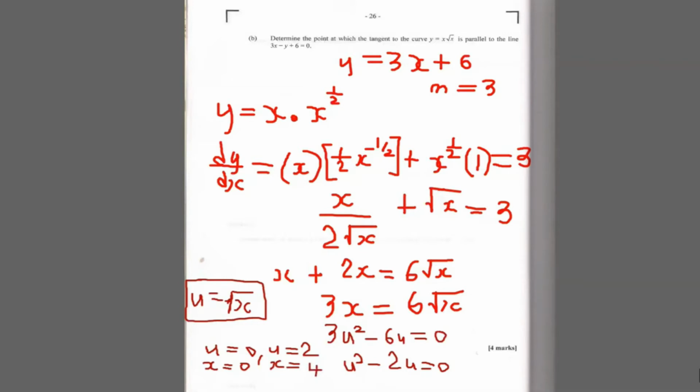If x is 0, you can find y, and so y is equal to, when x is 0, 0 times 0 is 0. And right here, you're getting 4 root 4 as y. So right here, you're getting y is 4 root 4.